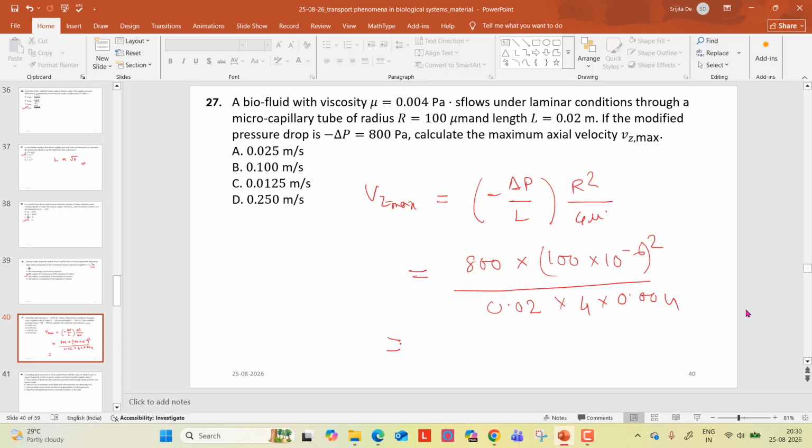That is coming as 0.025 meter per second. It is 0.025 meter per second.